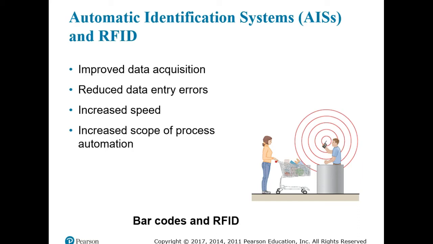Now, automatic identification systems. You should all be pretty much familiar with this. The AIS is a system for transforming data into electronic form. So the AIS applications described in this slide refer to such things as barcodes and radio frequency identification, which is the RFID acronym.